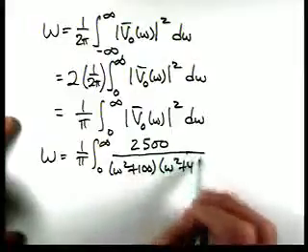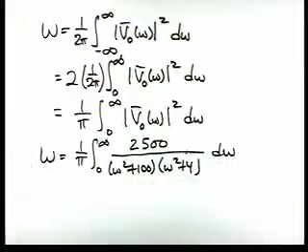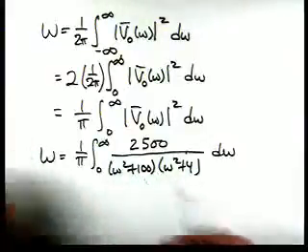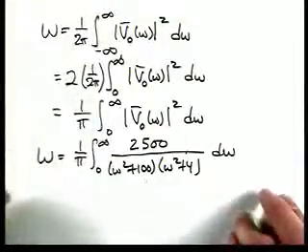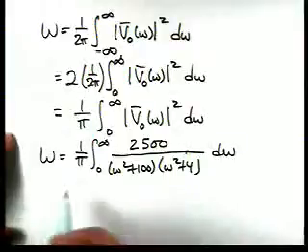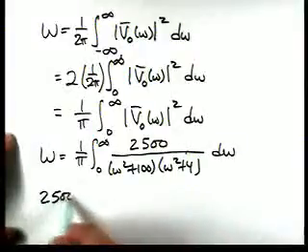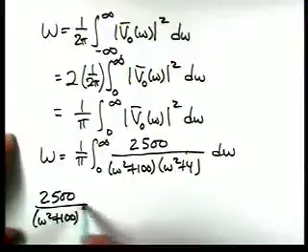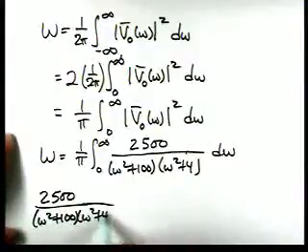What we need to do is a partial fraction expansion of this, and then we'll be able to take the integral. We take this 2500 over omega squared plus 100 times omega squared plus 4.